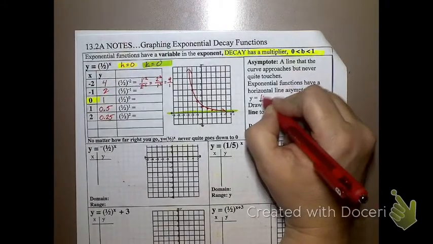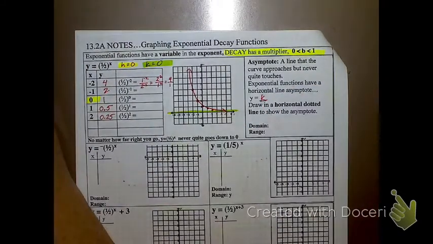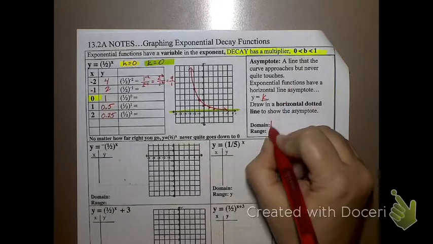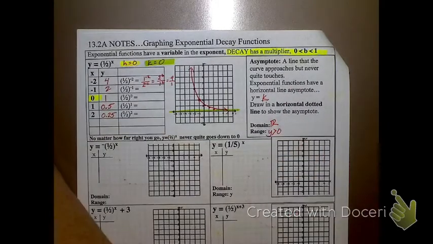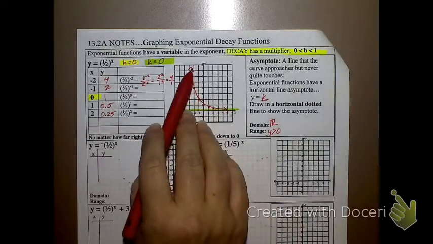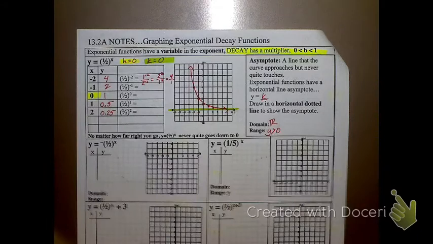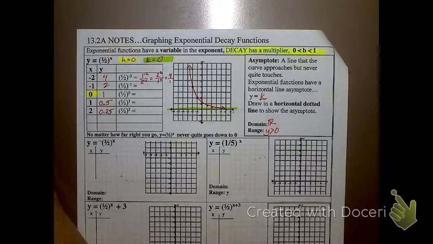Again, your asymptote is still y equals k. What's my domain? All real numbers. What's my range? Y is greater than 0. Exact same process as yesterday, but do you see how as you move from left to right, you're getting closer to the x-axis or closer to your asymptote this time?